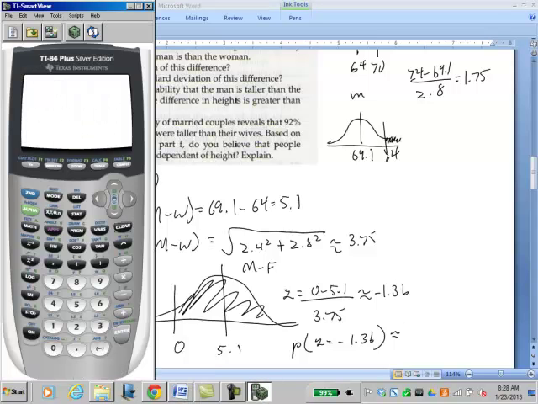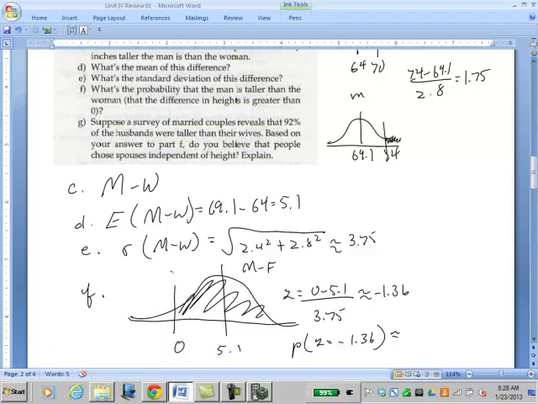All right, so it's going to be second VARS, normal CDF, 2, and negative 1.36. Now we're going from negative 1.36, that's a Z-score, all the way to 99.